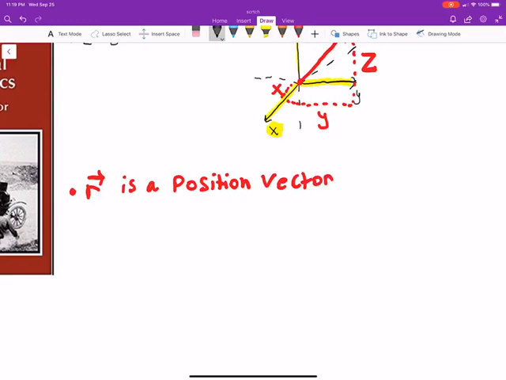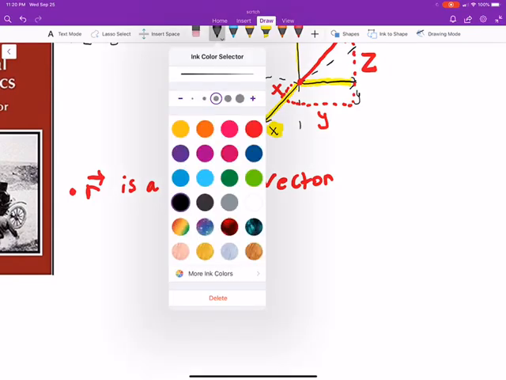Let's change up the colors a little bit. We'll go with black. Now, what does it tell us? This tells us the distance and direction from the origin to P. So I'll make that note here. Let me make the size a little bit bigger. That might help.